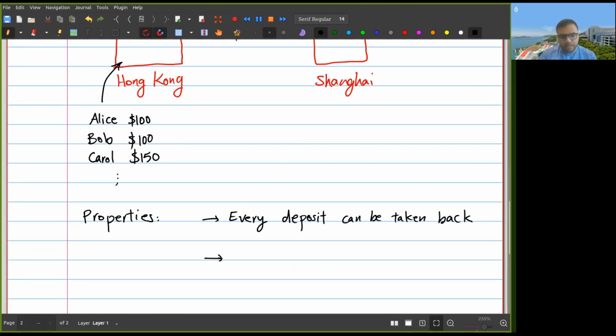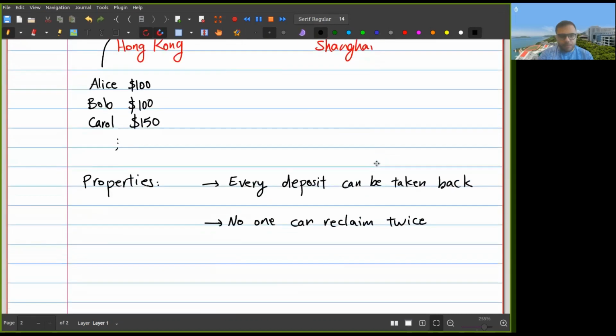But the second part is that it can be taken back exactly once. So no one can reclaim the same deposit twice. I write reclaim twice, but I mean the same deposit. I'm just too lazy to write it. Okay, so that's the first thing that we want.